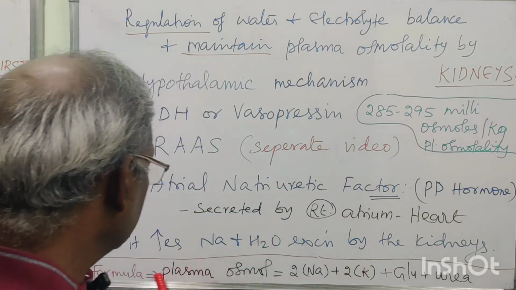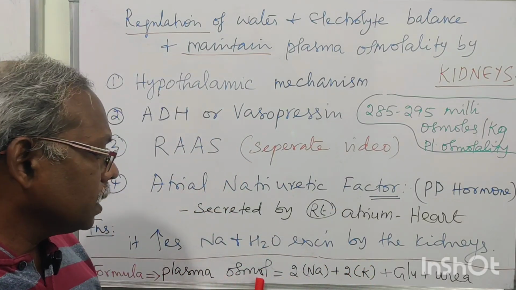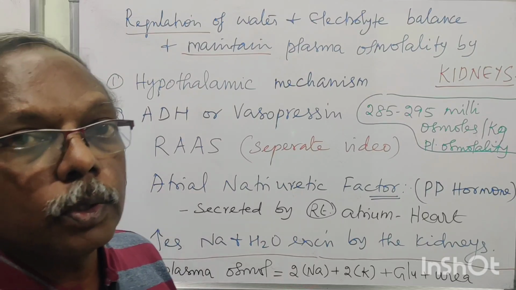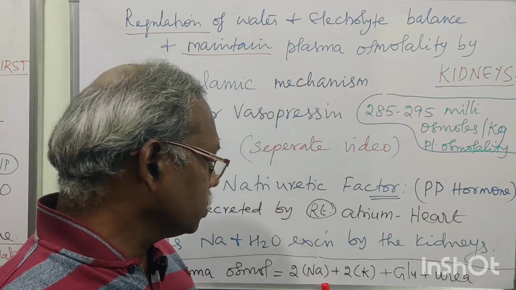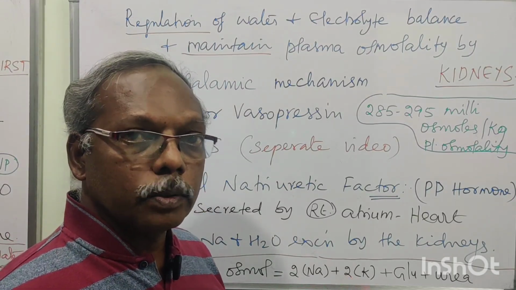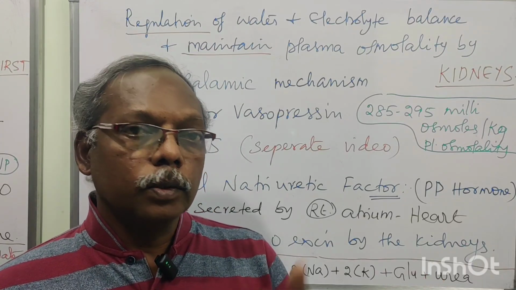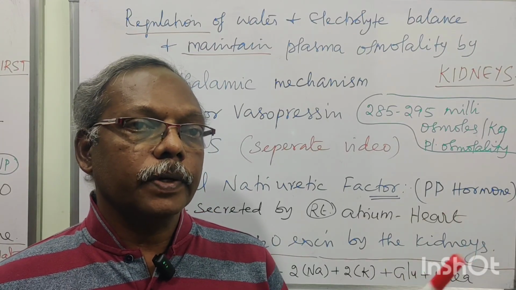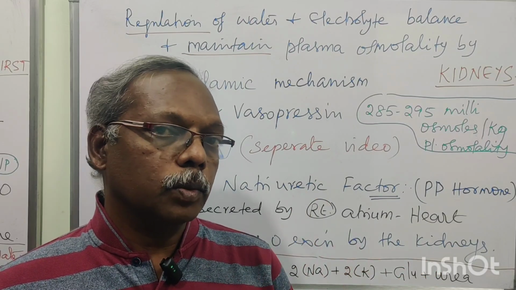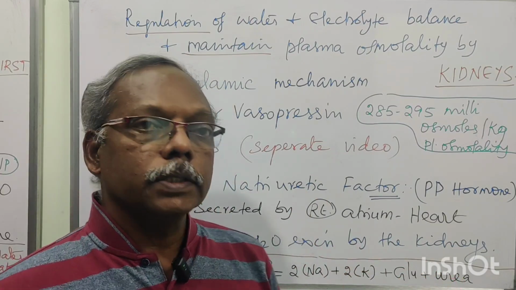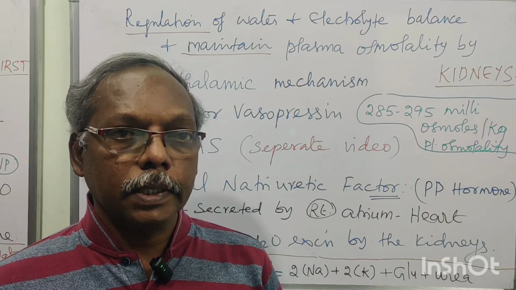osmolality. Here the formula is plasma osmolality equals 2 sodium plus 2 potassium plus glucose and urea. You know the glucose value: fasting 70 to 100 and postprandial 100 to 140. Urea is 15 to 40 milligram per deciliter.